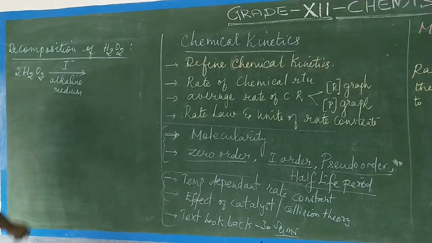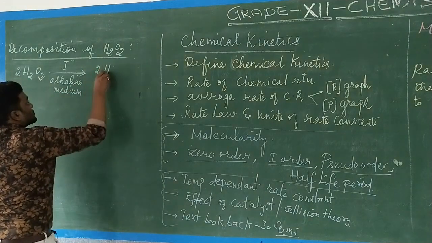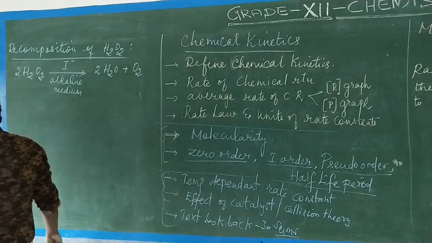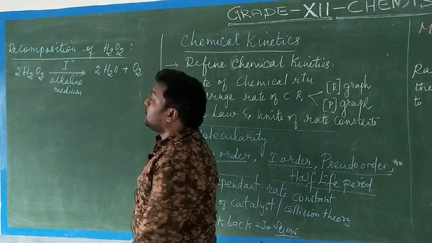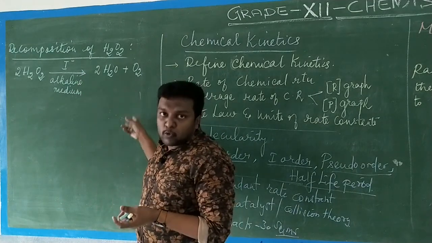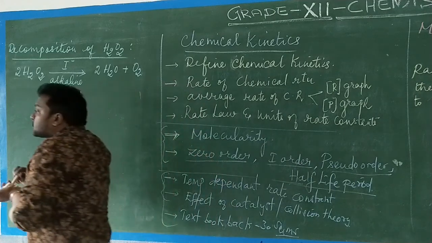Then this hydrogen peroxide decomposes to give 2 molecules of water plus oxygen. It is said to be a bimolecular reaction. So there should be 2 steps. What are the 2 steps you see now?